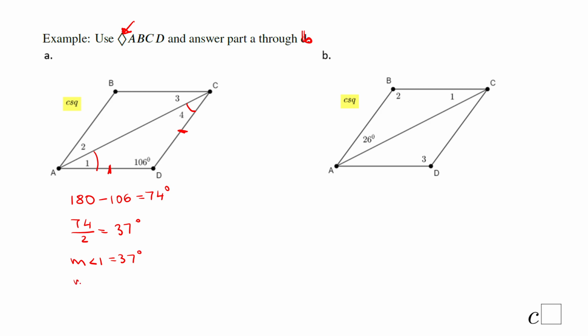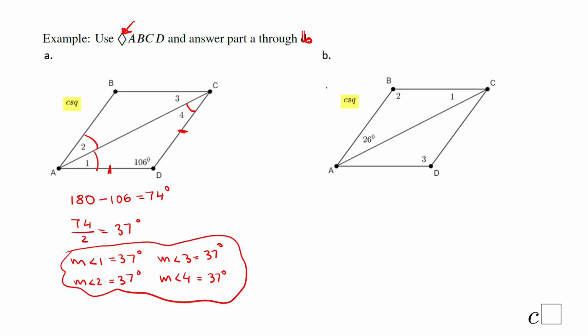Measure of angle 2 is 37 degrees. Why? Because these two angles are congruent. The diagonal bisects angle BAT. Measure of angle 3 will be 37 degrees for the same reason, and the measure of angle 4 will be 37 degrees.